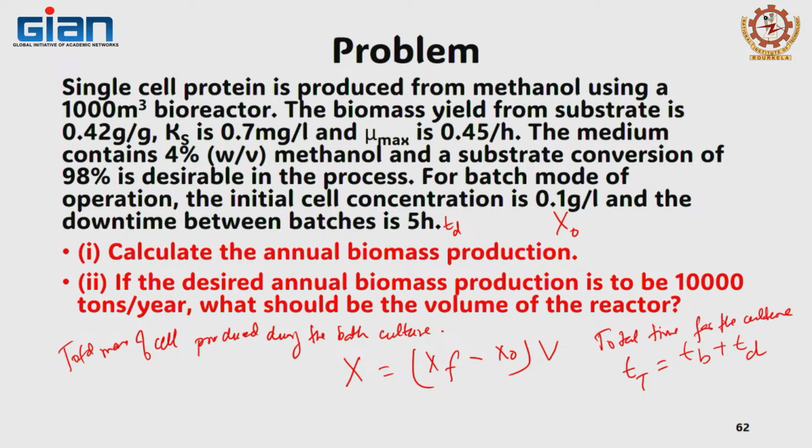How many batches are they doing in a given year? So, the number of batches would be 365 into, how many days are there? 365 days. How many hours are there? 24. If you divide it by the total time, you will be able to get the number of batches.